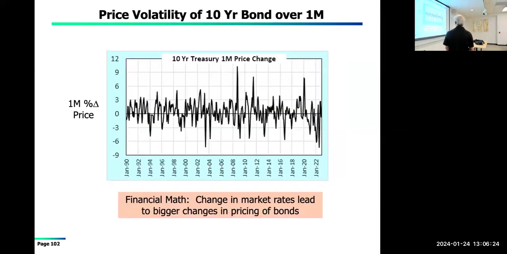Okay, so one of the things we can do is look at the price volatility of a 10-year bond over 1 month based on what's happening to interest rates. Why am I doing this? I am doing this to illustrate: don't kid yourselves.